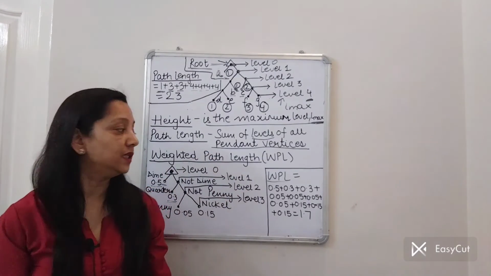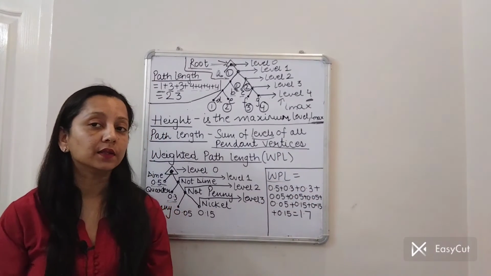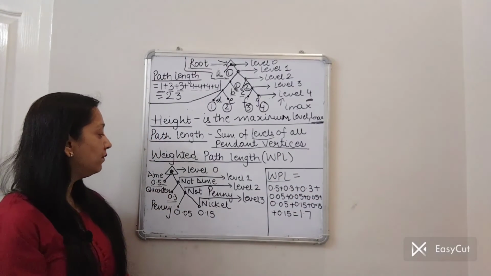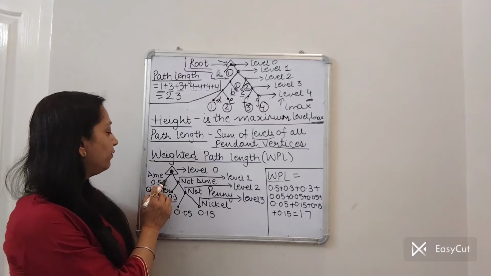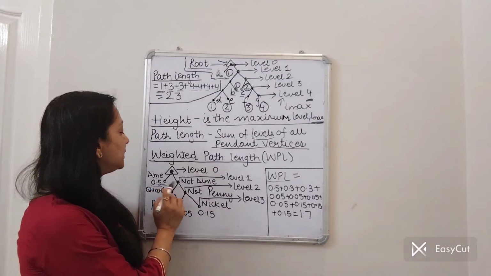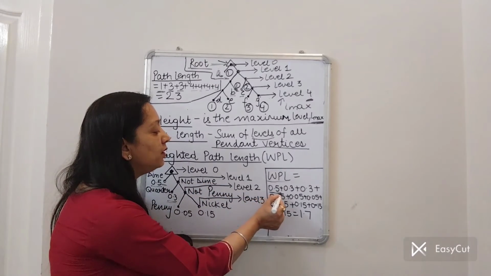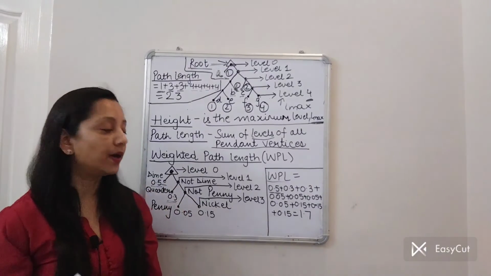We will not get into the details. Here we are concerned with how to find the weighted path length, right? Now the probability of a dime is 0.5 and this particular pendant vertex with the weight 0.5, as you can see, appears at level 1. So since it is at level 1, this weight will be written only once. I will write 0.5 once.